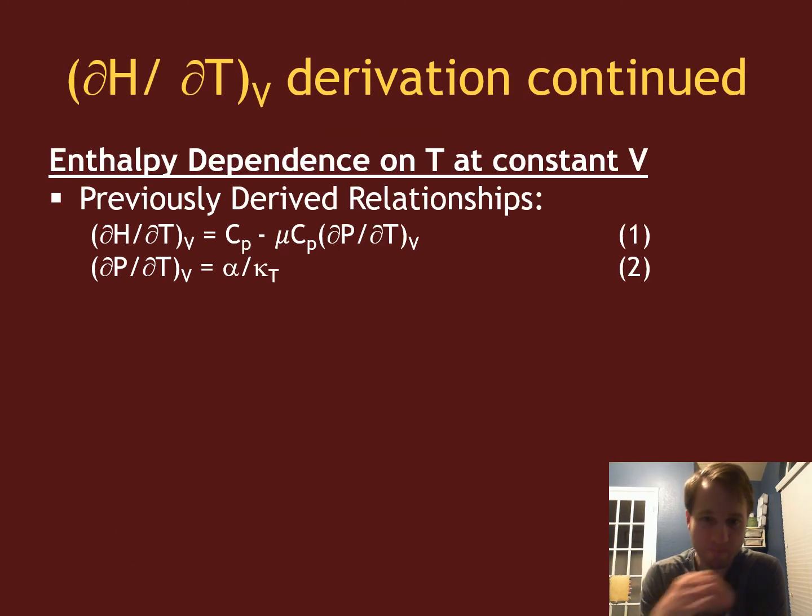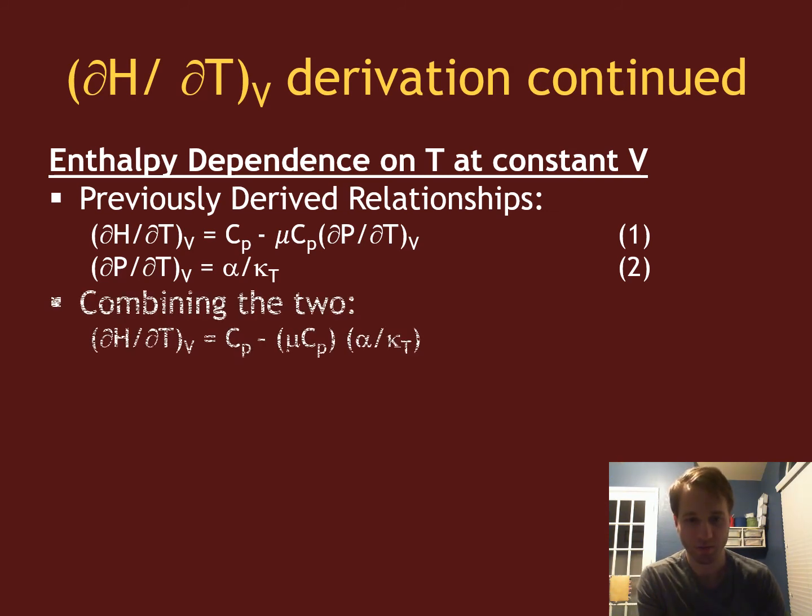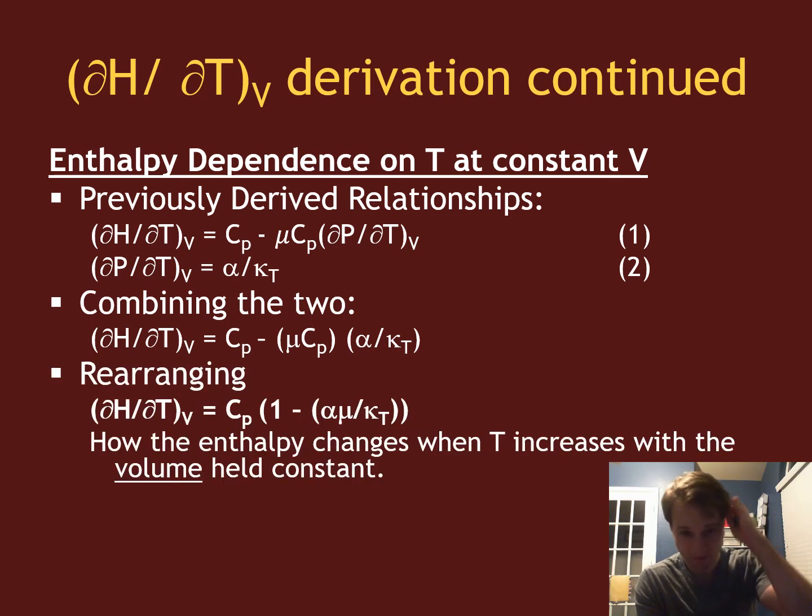So plugging this in, what we find is that the change in enthalpy with respect to change in temperature at constant volume is equal to Cp minus mu Cp del P del T. And then using what we found for del P del T, we get this term here, and simplifying slightly by pulling out the Cp, we finally get that the change in enthalpy with respect to change in temperature under constant volume is related to Cp times (1 minus alpha mu over kappa T).